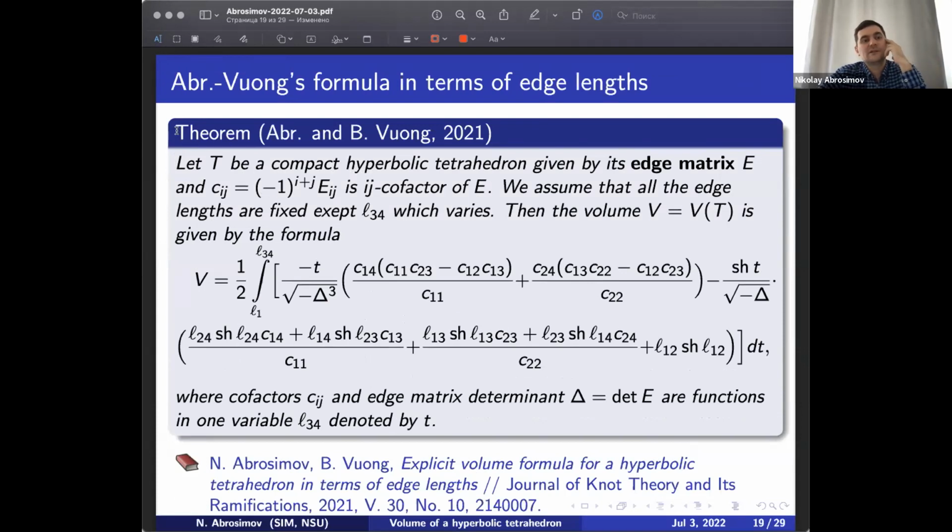The next theorem can be considered as an analog of the Sforza formula, but in terms of the edge matrix of a hyperbolic tetrahedron instead of its Gram matrix. This is our recent joint work with my former PhD student, Bao Guong. It was published last year.